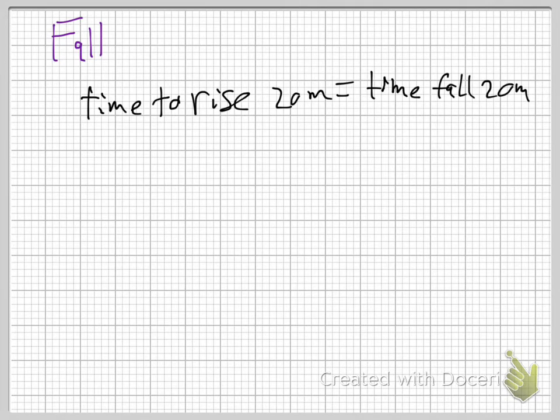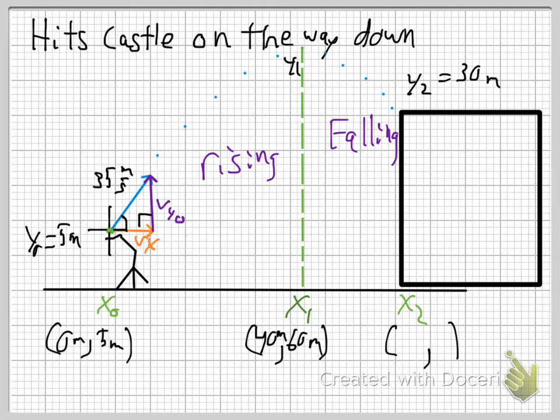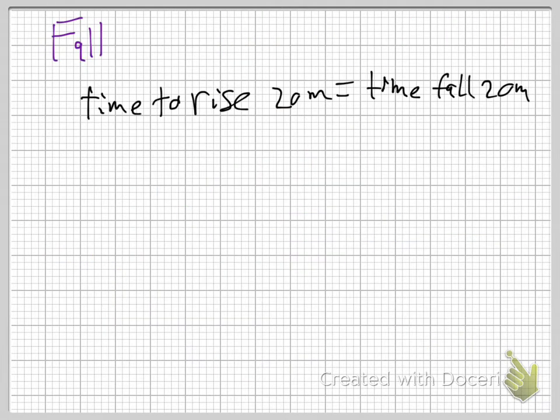They're equal. So if we're looking here, this projectile rose about 55 meters. Well, if this is 60 meters and we know it's got to land at 30 meters, it's really only falling 30 meters. So that means the time to fall is going to be less than the time to rise.